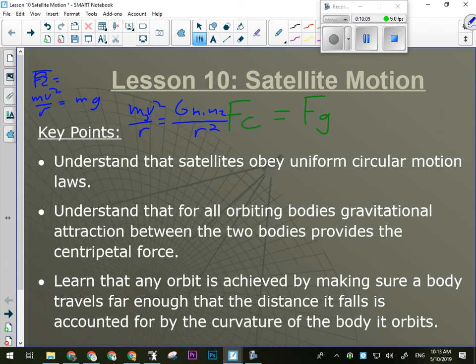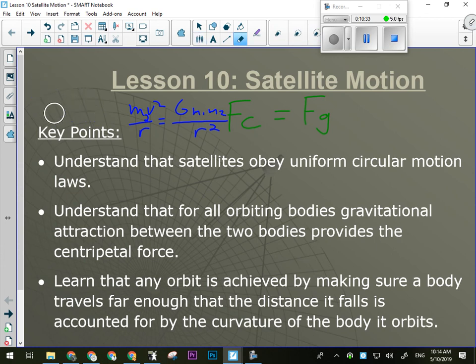Agreed? And that means that all things fall at the same rate regardless of their mass, because g is acting as a centripetal acceleration, and it would be the same for any object regardless of its mass. All things fall at the same rate. Everyone all right with that idea?